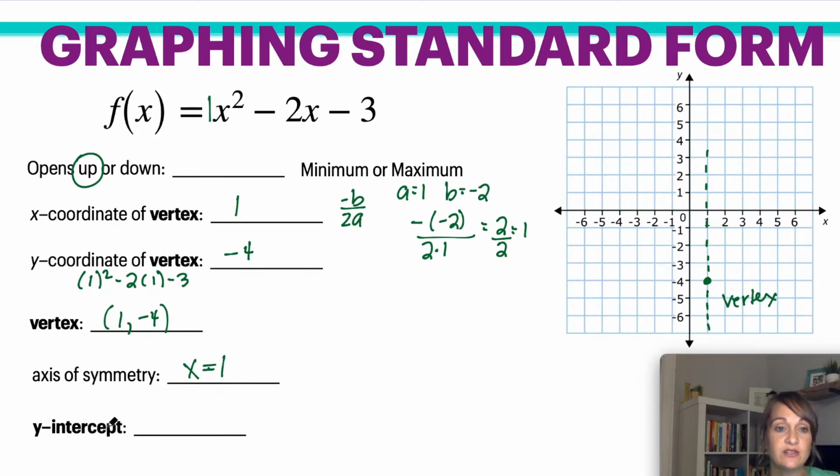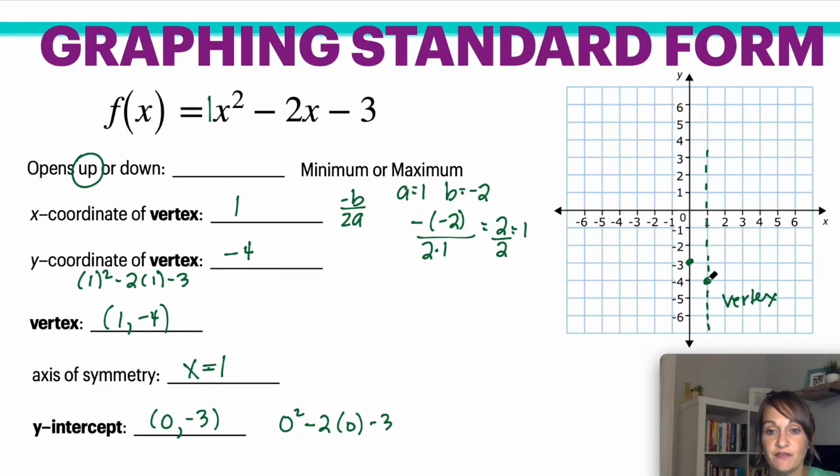And the y-intercept is where we're going to plug 0 in for x. So if we plug in 0, we will get 0 squared minus 2 times 0 minus 3, which gives us negative 3. So the coordinate point 0, negative 3 is going to be here.